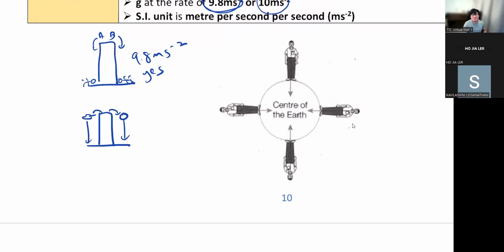You go to KLCC, you throw a piece of feather down, will the feather reach the ground at the same time as the rock? Do they reach the ground at the same time? No, isn't it? So how is this? Why do you reach the ground at the same time as a friend, but how come feathers can't?